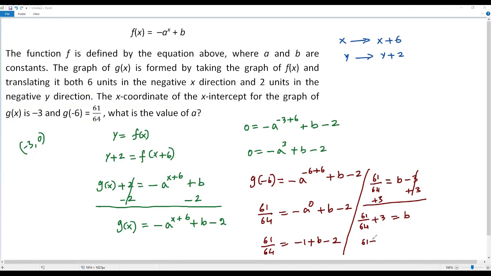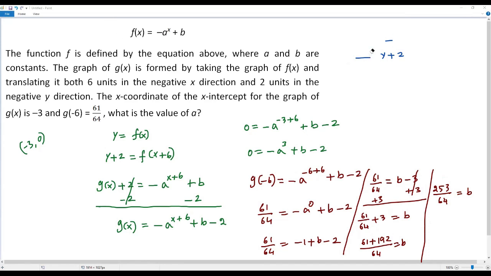Let me do it. 61 plus 64 times 3, which is 192, over the common denominator 64 equals b. When I add 61 and 192, I am getting 253, with 64 in the denominator. On the right side we have b. Here I got the value of b, that is 253 over 64.